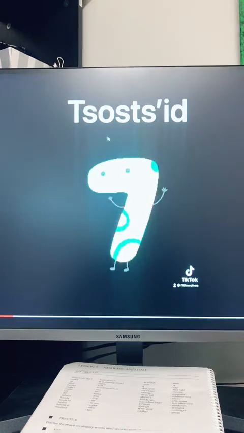The vowel sounds. And the word is sostid. Seven.